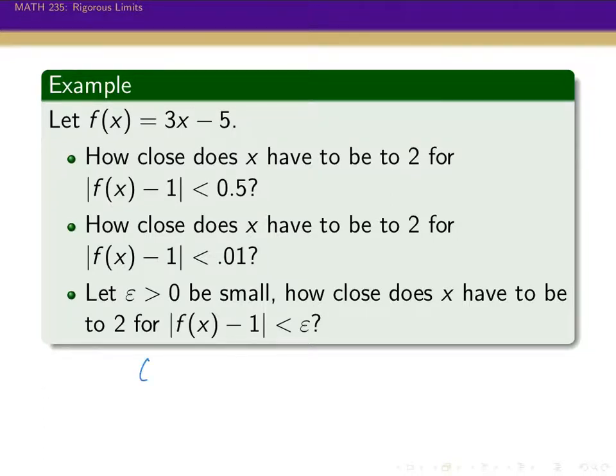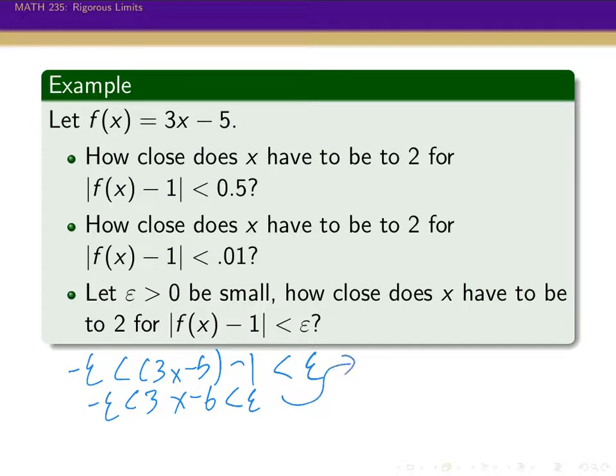We have 3x minus 5 minus 1 is less than epsilon, bigger than minus epsilon, turns into 3x minus 6 between epsilon and minus epsilon. And so then pull out a 3. 3 times x minus 2 is between epsilon and minus epsilon.